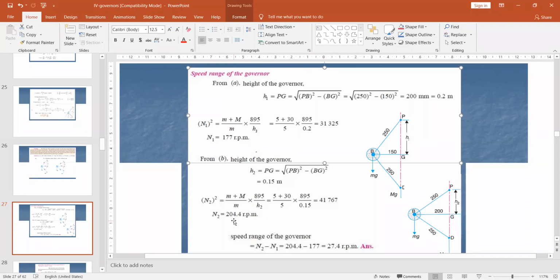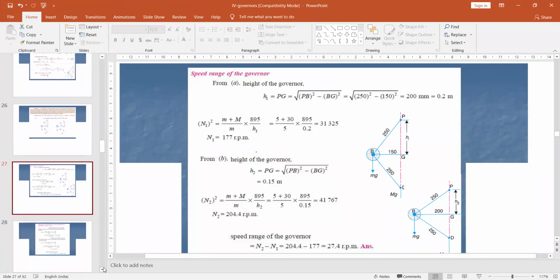Therefore, the range of speed of the governor is N2 minus N1, which is 204.4 minus 177, so 27.4 RPM.